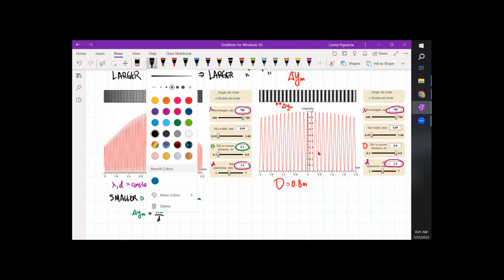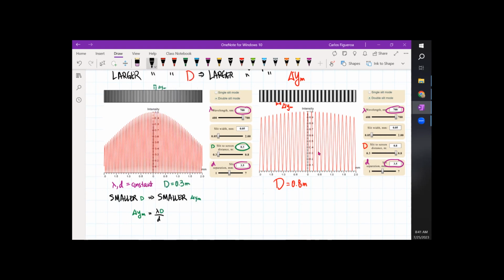In this situation, we're going to have a larger D. And if I have a larger D, then this tells me here is that I have a larger separation delta y of m. And the reason, again, is because this guy is directly proportional to the screen separation.